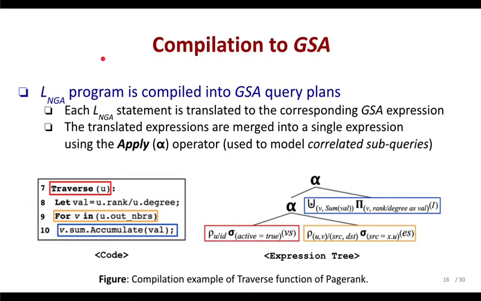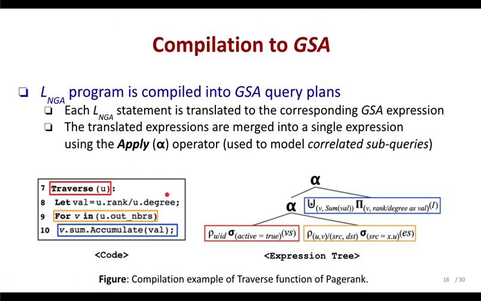An LNGA program is compiled into GSA query plans, and the figures below show the traverse function of PageRank and its expression tree. First, each LNGA statement is translated to the corresponding GSA expression.